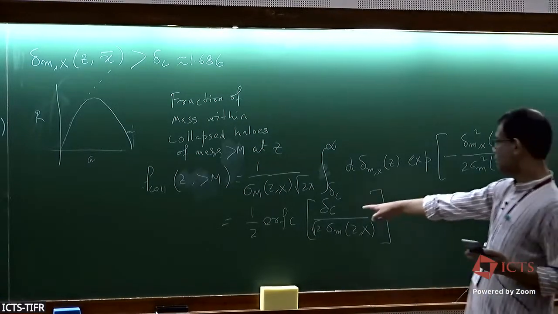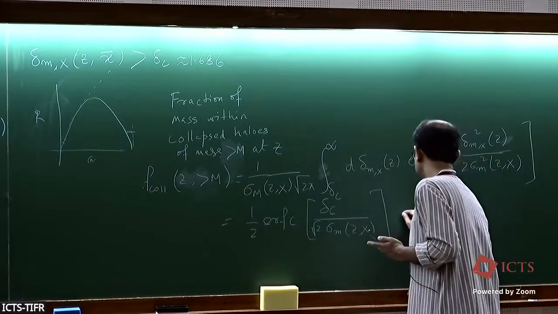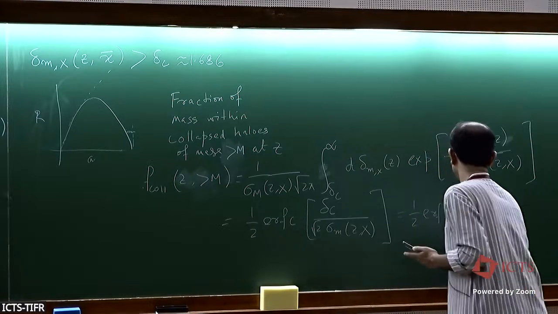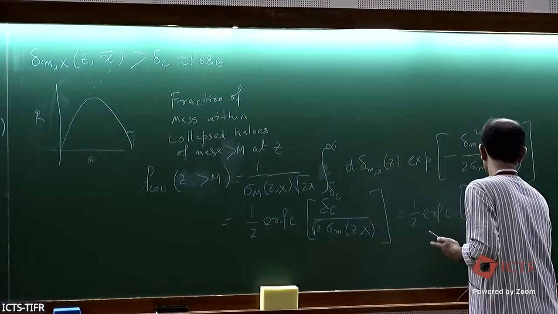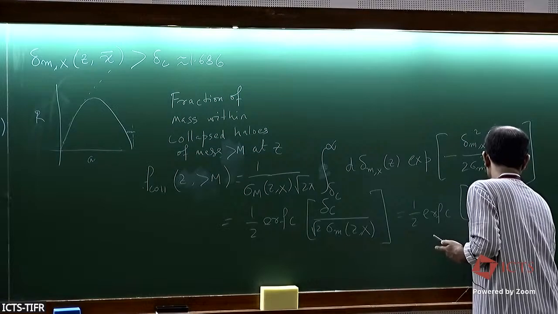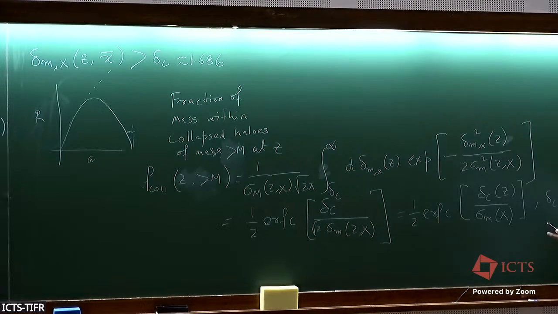So this d plus I can take and combine it with delta c. So I can write this as half error function, where I write delta c z, which is nothing but delta critical by d plus z. Okay, this is all identical.